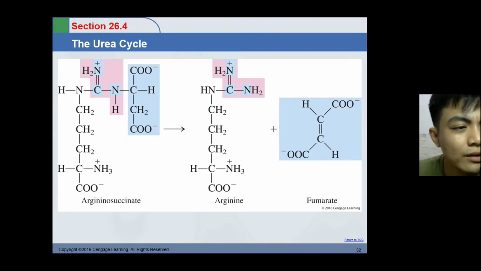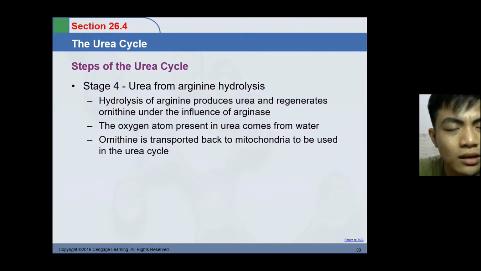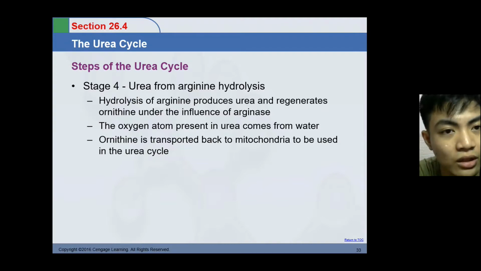Okay? And now, let's focus on the arginine. So, the arginine needs to be cleaved in order to form our urea. Okay? So, dito na pupunta yung sobrang mga amino, amines and yung ating mga aspartate, no? So, basically, parang tinatransfer mo lang dito yung sobrang nitrogen. Okay? So, eventually, the arginine will get hydrolyzed to form the urea and the ornithine again.